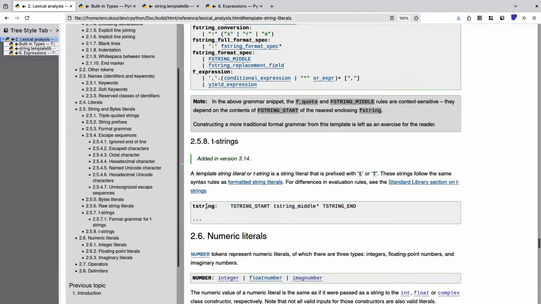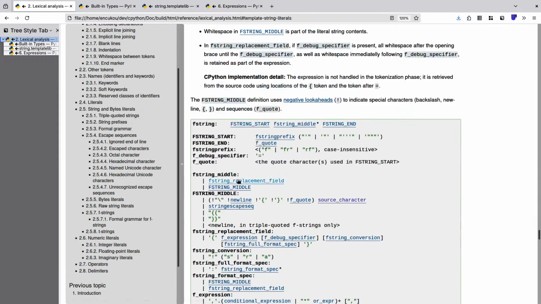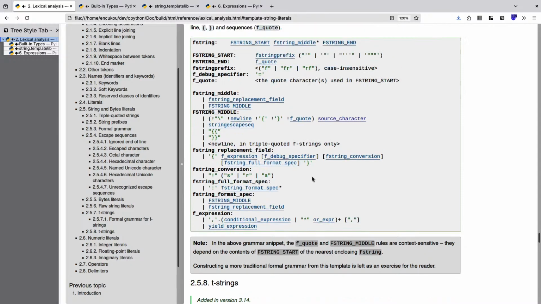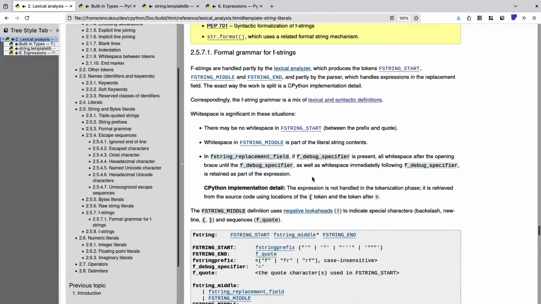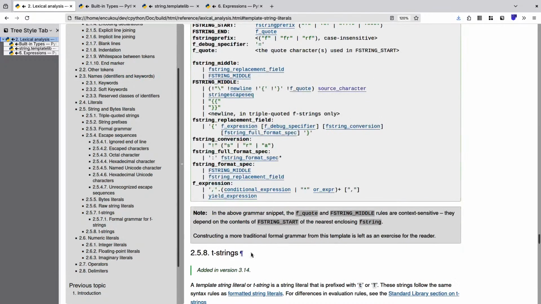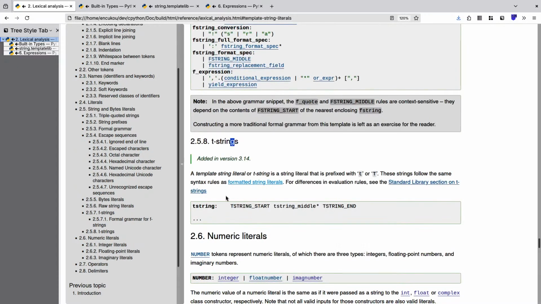Kind of want to define this. Probably can put the formal grammar after the t-string section since this is so small.